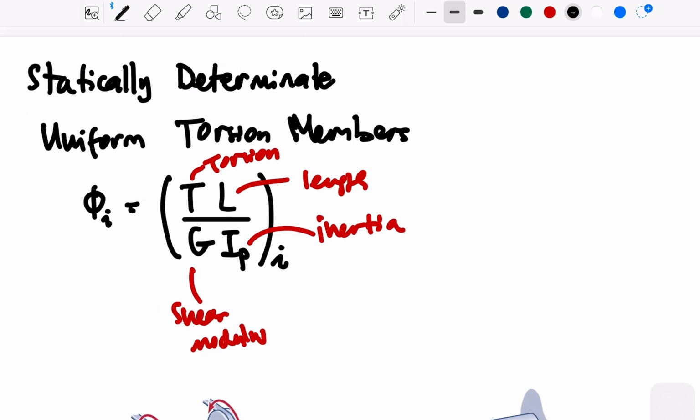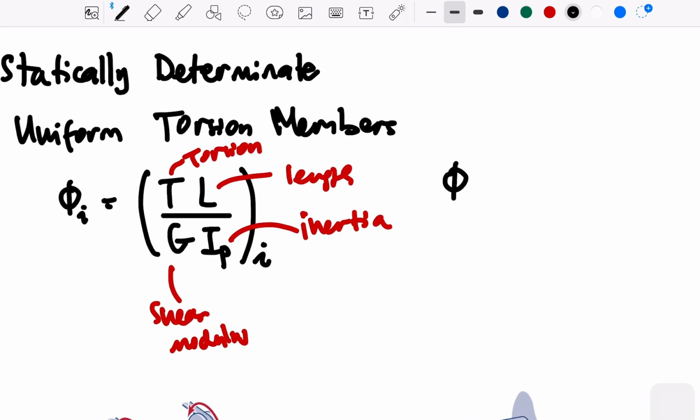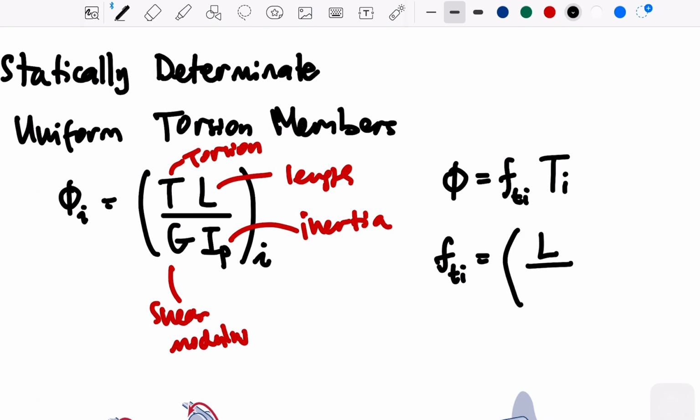We can somehow also relate this angle to the element force, like this. But I don't think this is going to help a lot, though it simplifies some equations. It's actually the same thing. So if you just want to keep the first formula, that's okay.